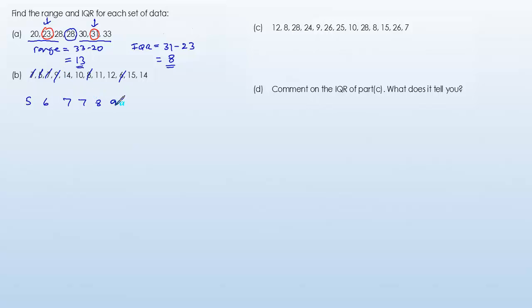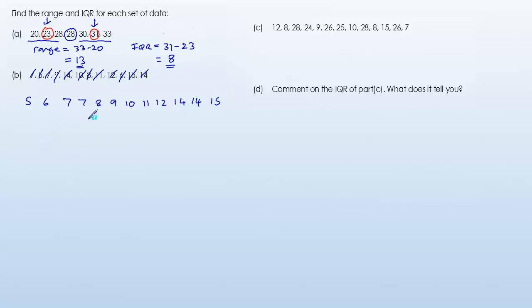There's a 9. There's a 10. An 11. A 12. 2 14s. And finally a 15.